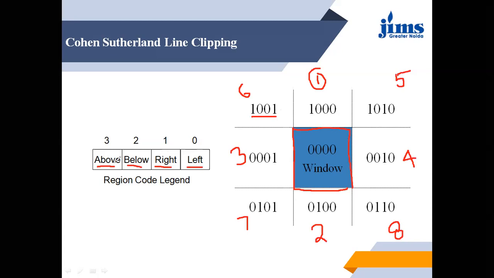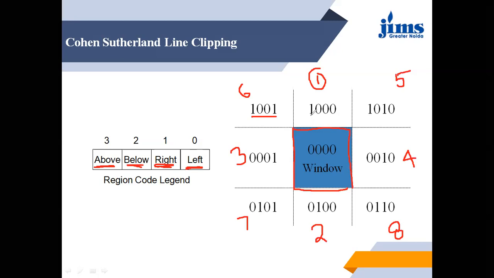Suppose in the first bit we store the above position, in the second the below position, in the third the right position, and in the fourth the left position.